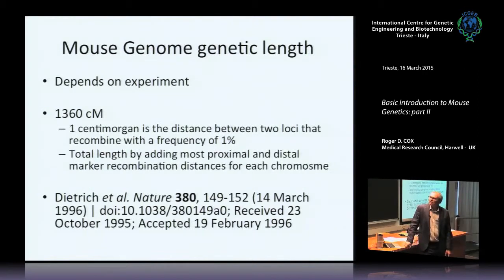So, it follows that you could work out the genetic length for the mouse genome, and this is around 1,300 centimorgans.